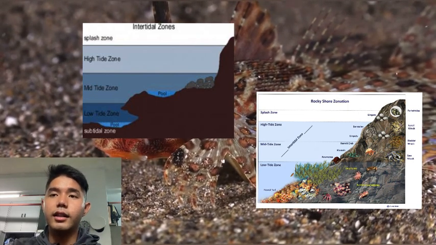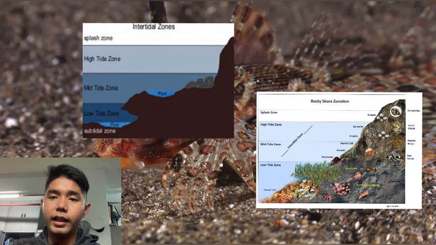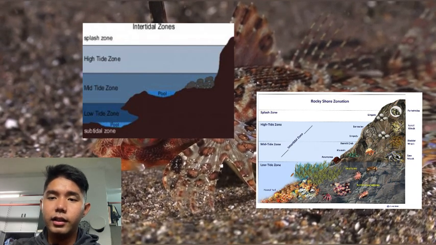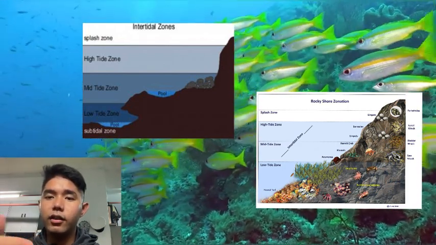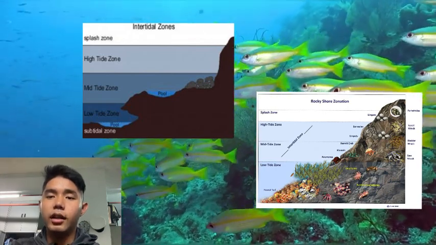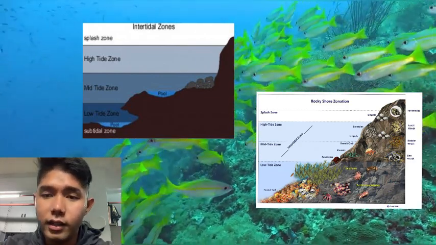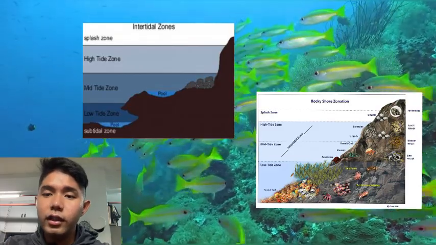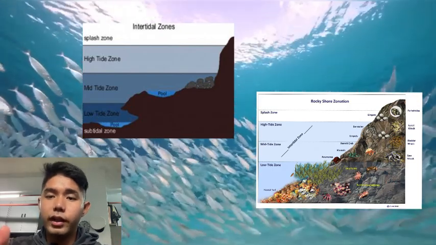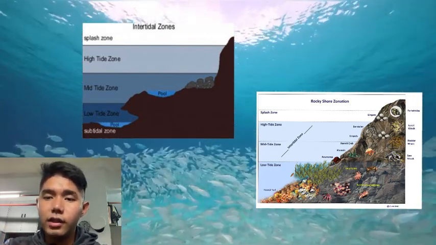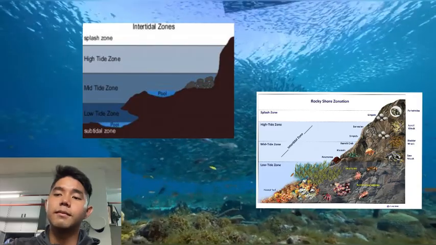The middle intertidal zone is where the tides ebb and flow twice a day, and which is inhabited by a greater variety of both plants and animals, including sea stars and anemones. And lastly, the low intertidal zone is virtually always underwater except during the lowest of spring tides, and life is more abundant there because of the protection provided by the water.